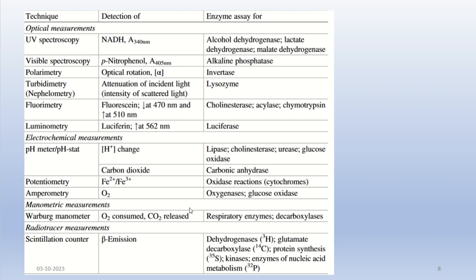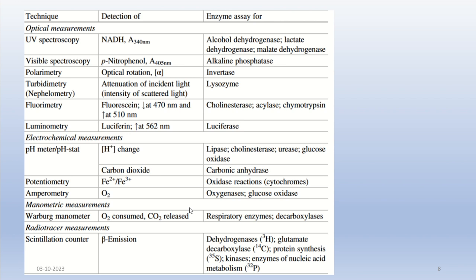Then the invertase enzyme can also be detected through polarimetry, optical rotation, by how the degree changes. Turbidimetry is detection through the attenuation of incident light, scattered light. So you can measure lysozyme with turbidimetry. Nephelometry.